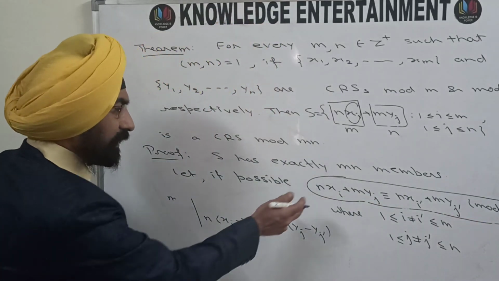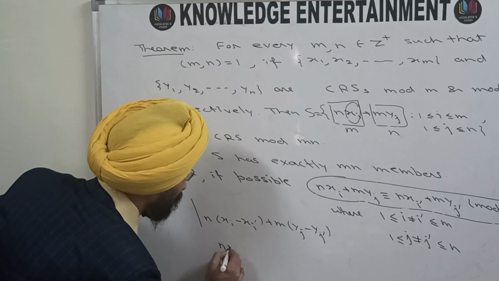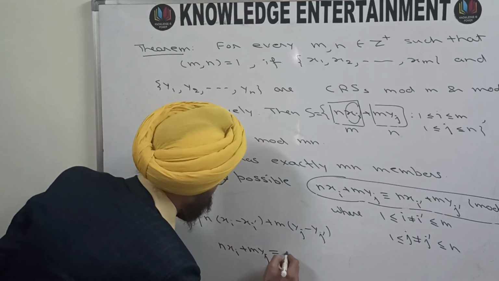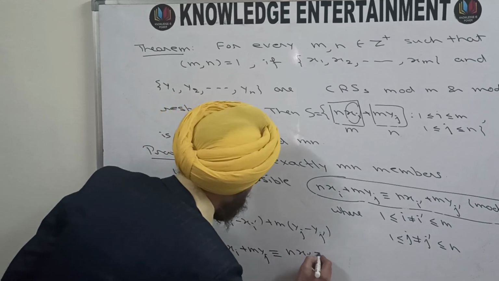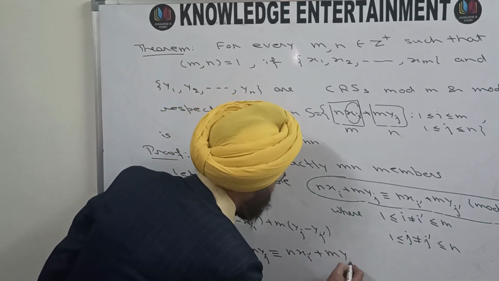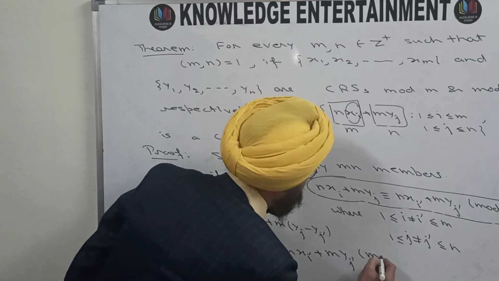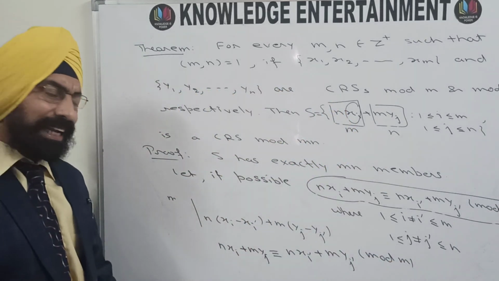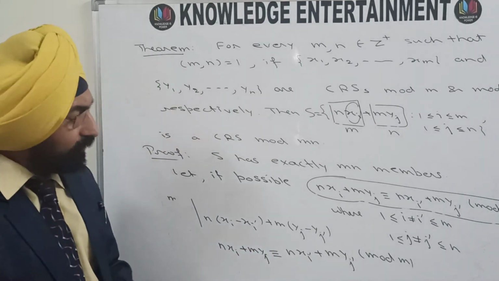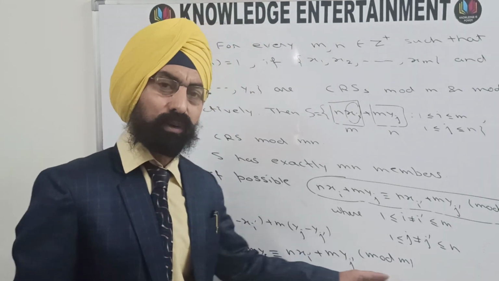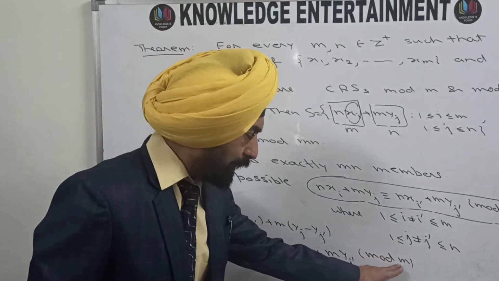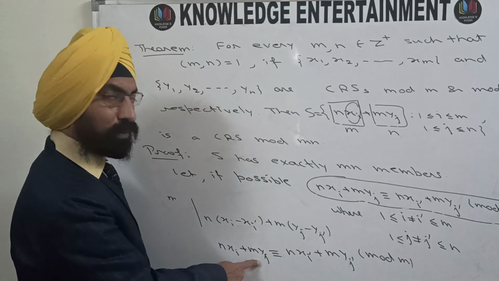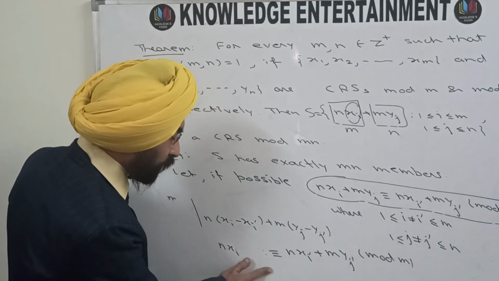So nxi plus myj is congruent to nxi dash plus myj dash modulo m. And in a congruence modulo m, any multiple of m can be removed.